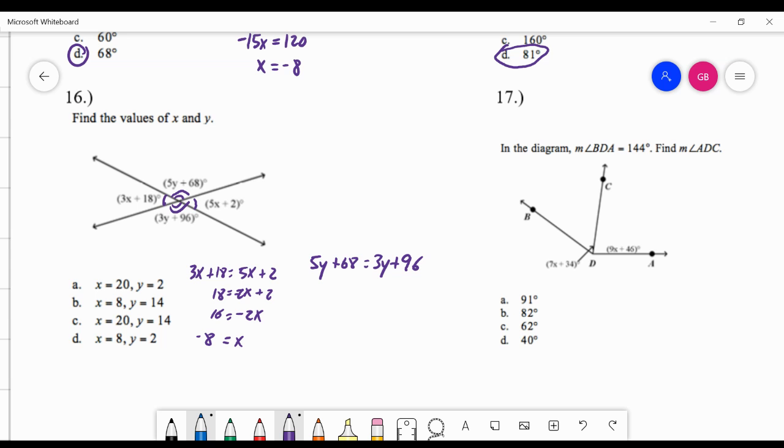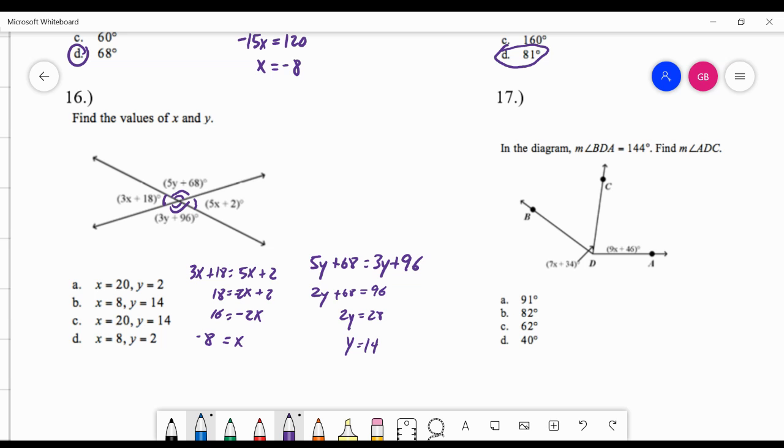Okay, first I'm going to subtract 3y from both sides. And then 96 minus 68 is 28. I'm sorry, 96 minus 68. Yeah, it's 28. And then you divide by 2, y is 14.